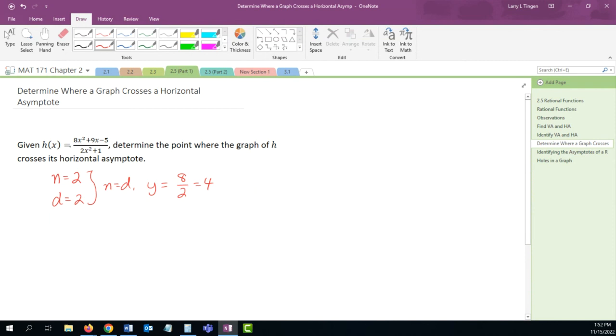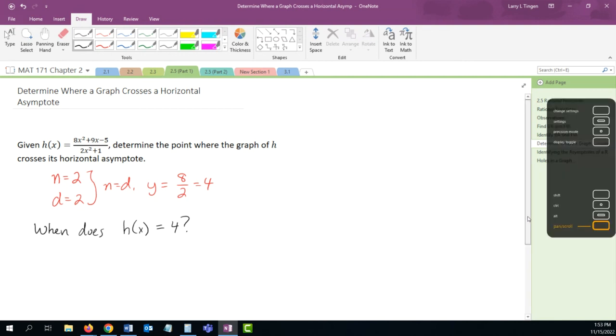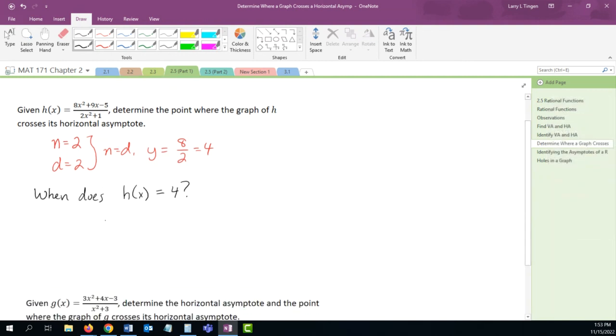So what I want to know is when does h of x equal 4? That's what this is asking.